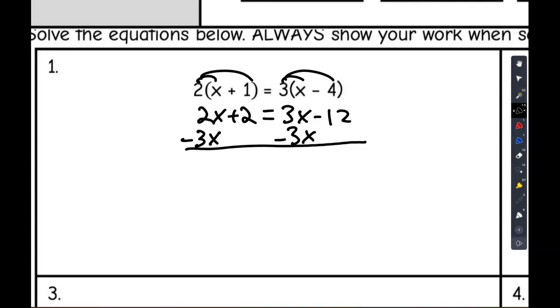And now we got 2 minus 3x, and that's going to be negative 1x. And then this will cancel out. I'm going to bring down the positive 2 equal to the negative 12.